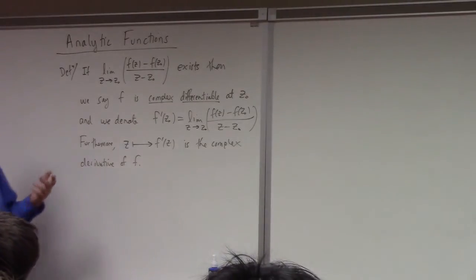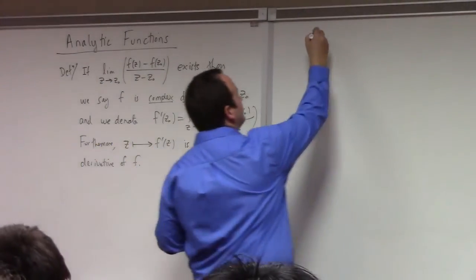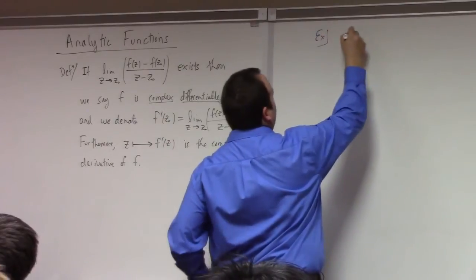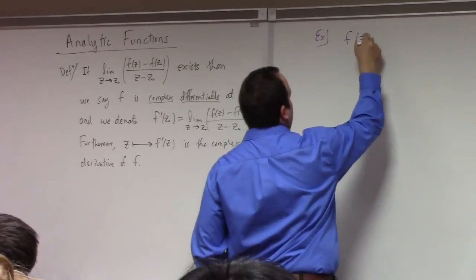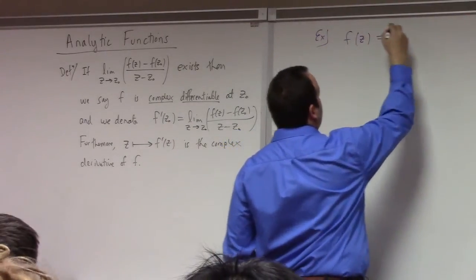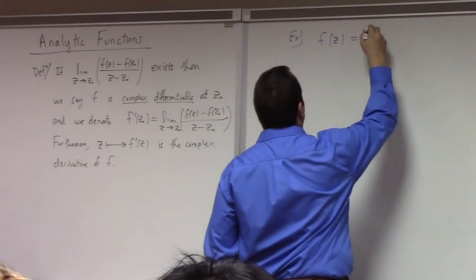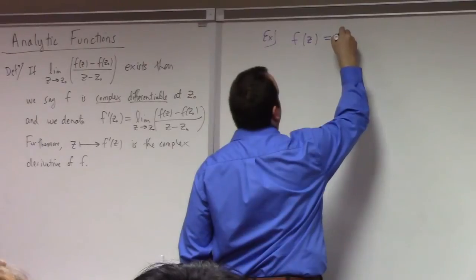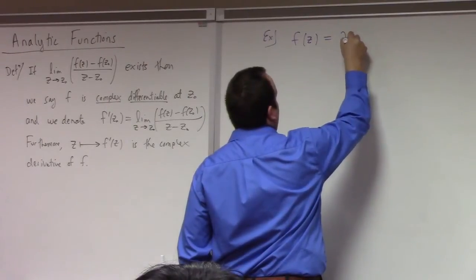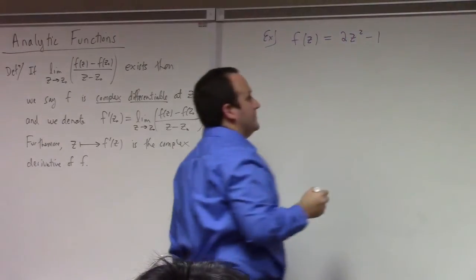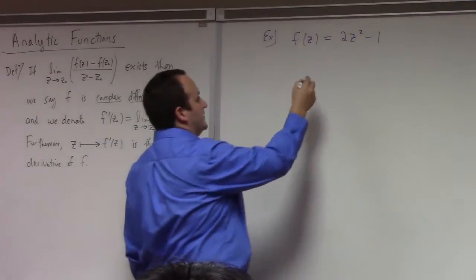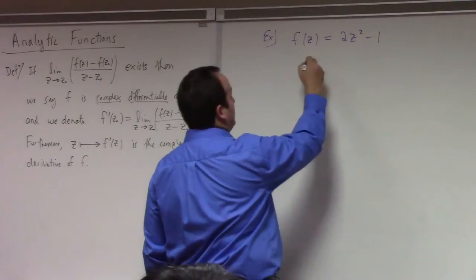So shall we work an example? Let's see here. How about f of z is equal to, I don't know, what do you guys want? 2z squared minus 1. So let's calculate the complex derivative of this thing.